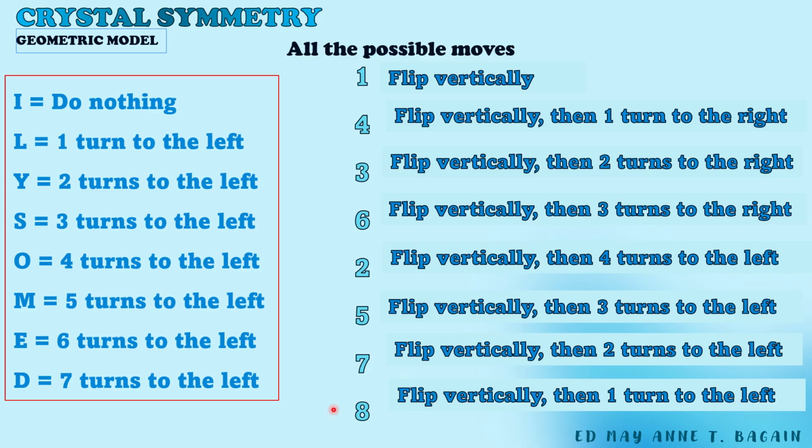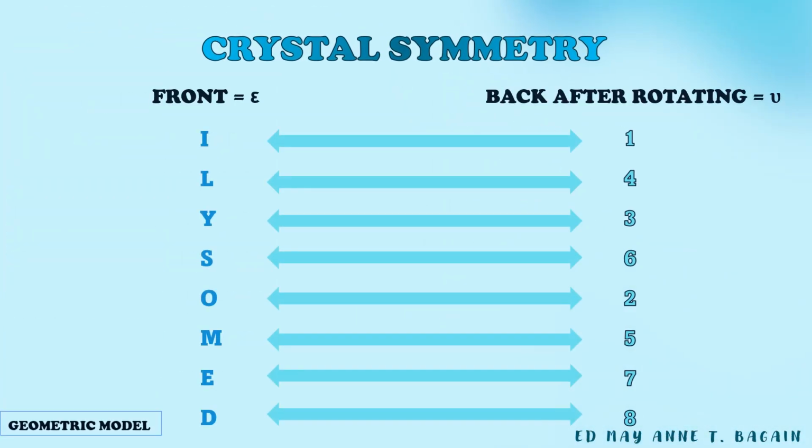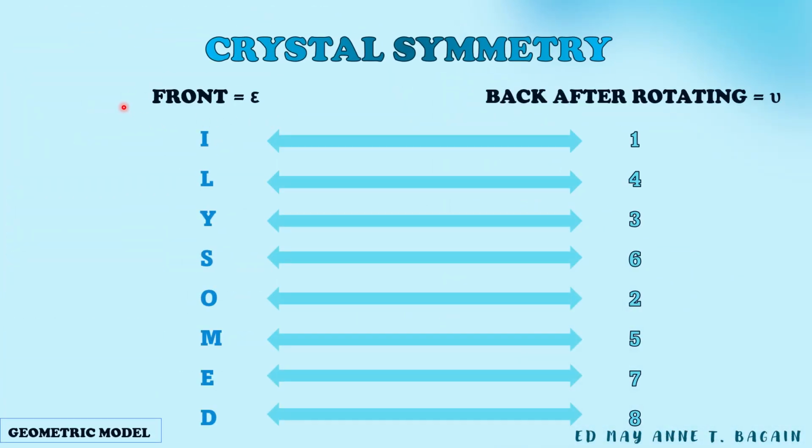So now that we've reviewed all of the possible movements for this crystal symmetry, the next project is to show that it is a permutation group. Okay, so now that we know all of the moves of each element, let's now reveal what would be the symbol for the front.